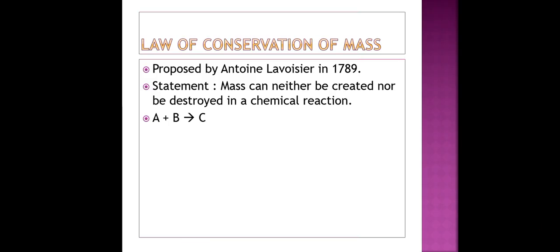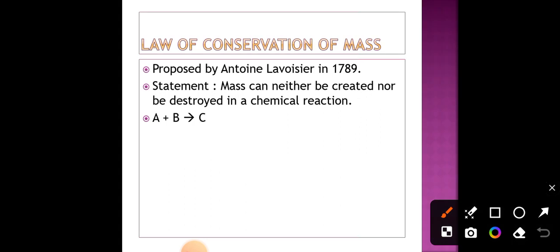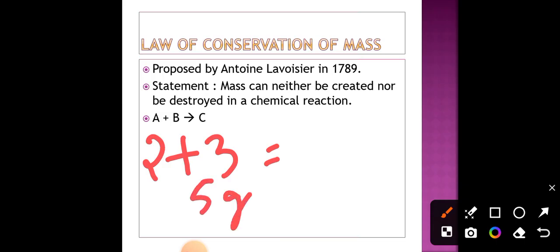So now I've taken a basic example, A plus B giving rise to C. A and B are reactants and C is the product. So let's say 2 gram of reactant A and 3 grams of reactant B are reacting in a vessel. So now how much of the reactants are being involved in the reaction? 5 grams.